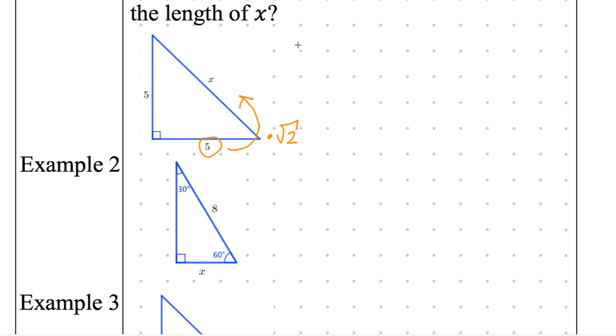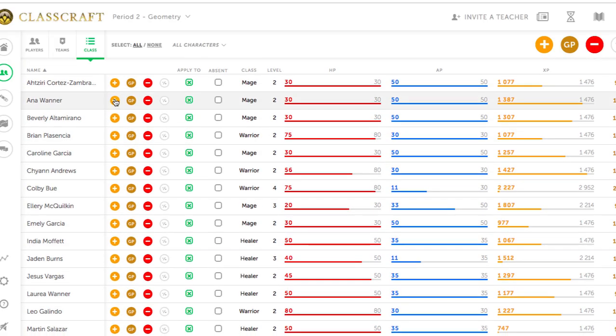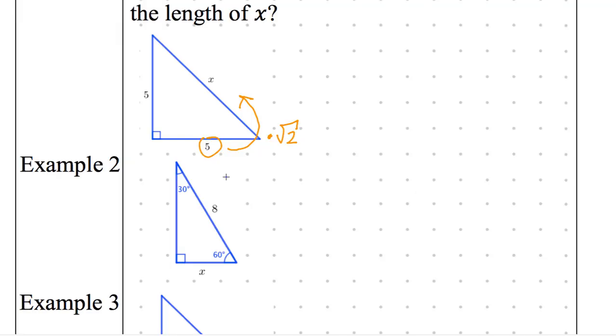Anna. 5 squared like this? Not quite. I can still give you XP for trying though. Ellery? 5 square root of 2 like this? That's correct. All you had to do was multiply 5 times the square root of 2, and it's 5 square root of 2. Box it.